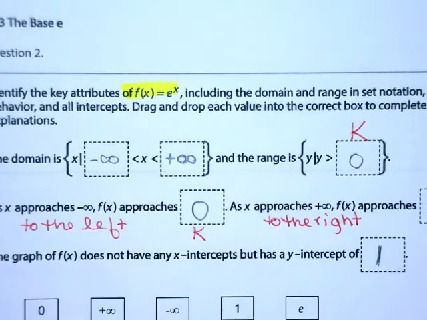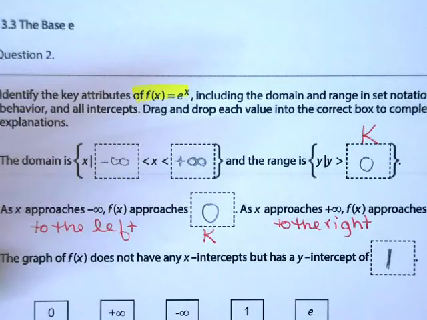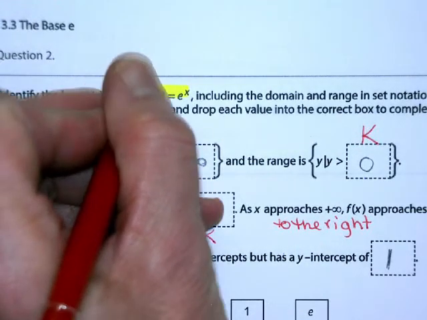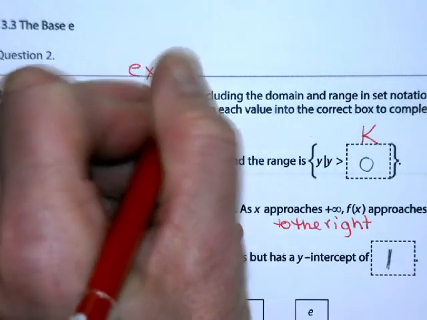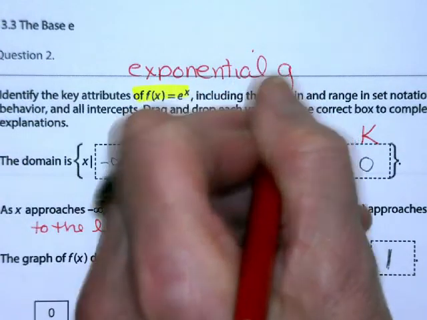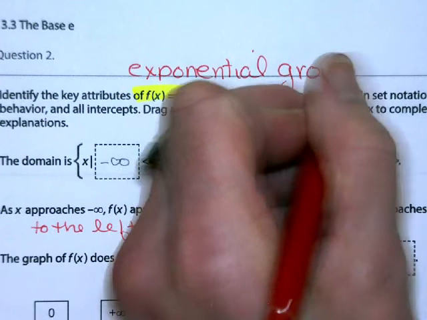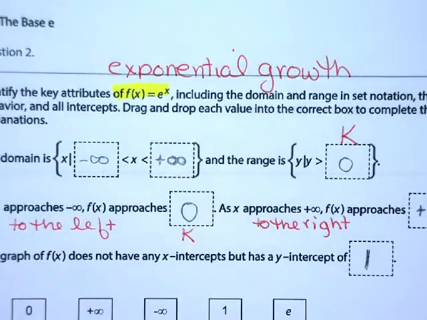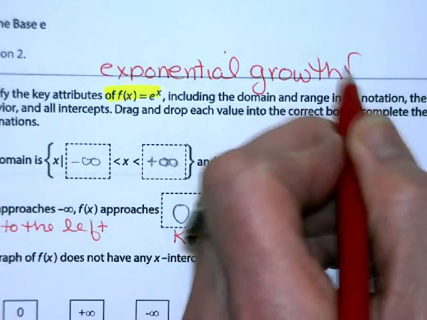So all these are stories about this parent graph. Now you know what a parent graph is. We've had parent graphs all along the way. This is an exponential, and you had it on your notes too. Special exponential growth function.